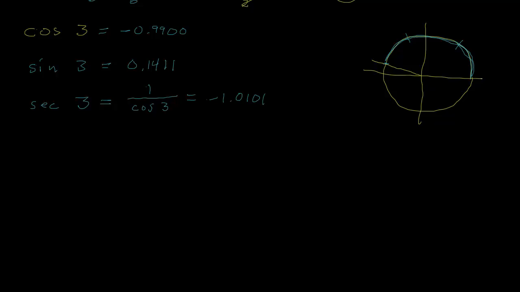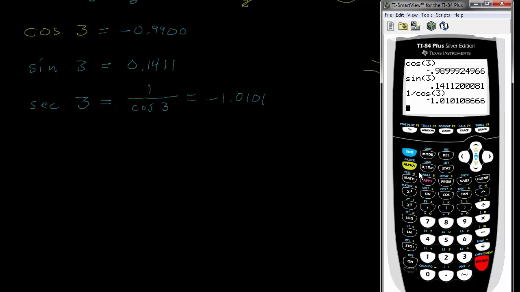Now, just to show a couple other keys that do this, this button right here is the reciprocal key. If you press it after you have an answer, it'll give you the reciprocal. And there you go.